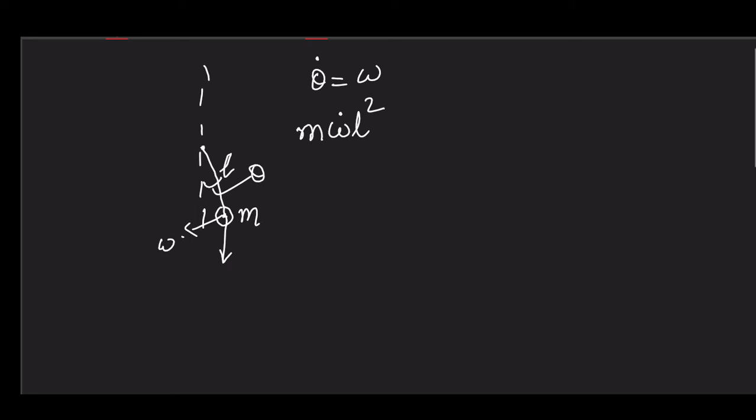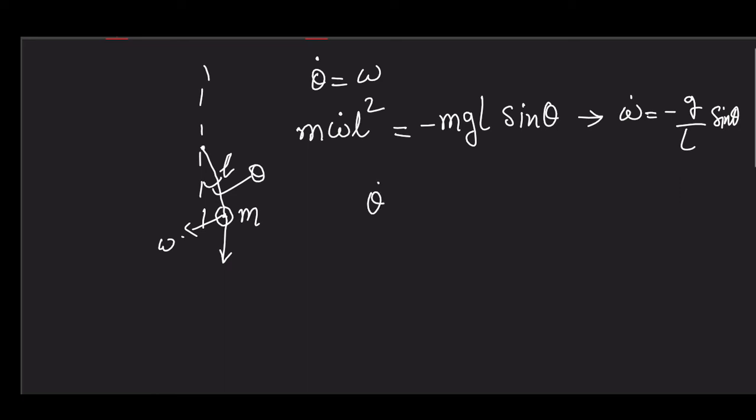We can write this is equal to minus mg L sine theta. This is straight away from physics. So omega dot is equal to minus g by L sine theta, where g represents the gravitational constant. So the model we get is theta dot is equal to omega, and omega dot is equal to minus g by L sine theta.